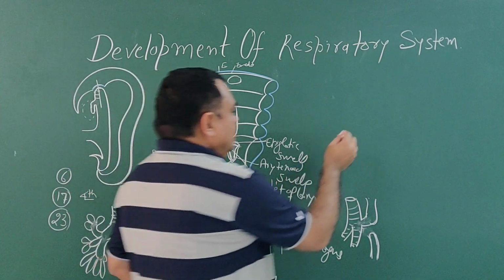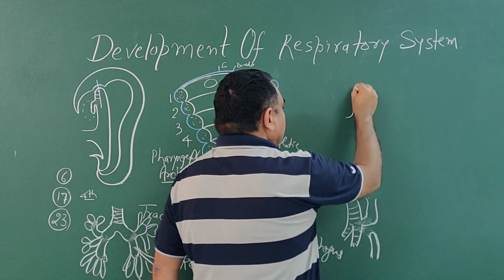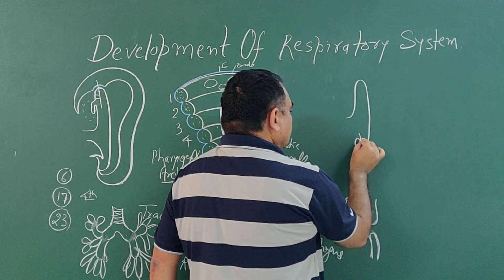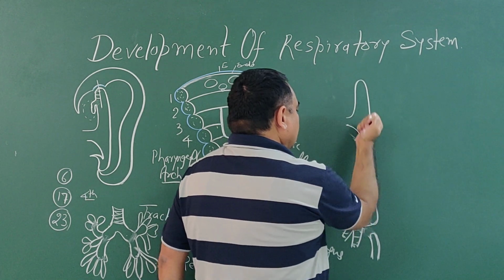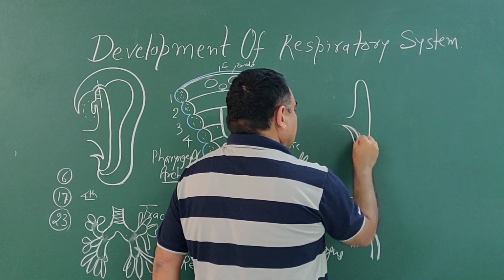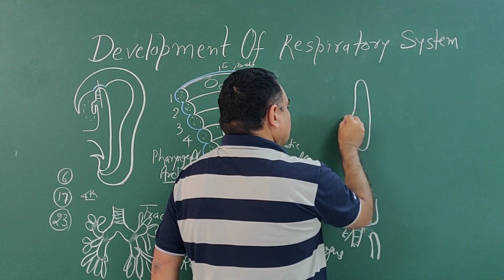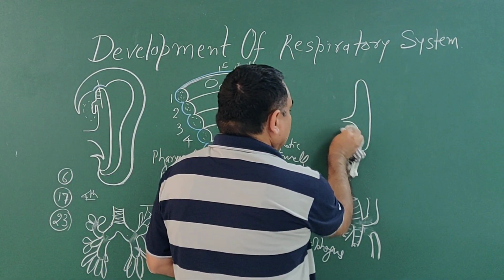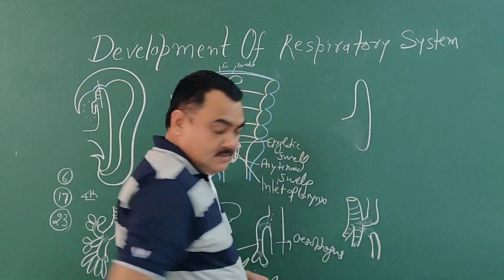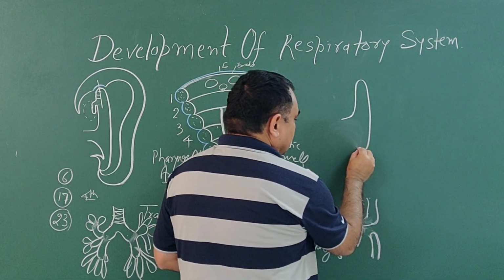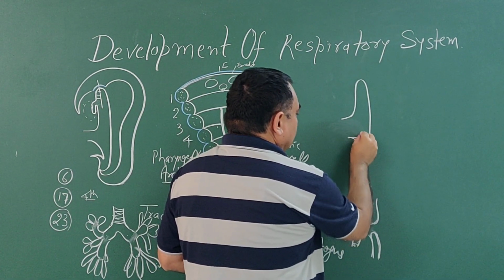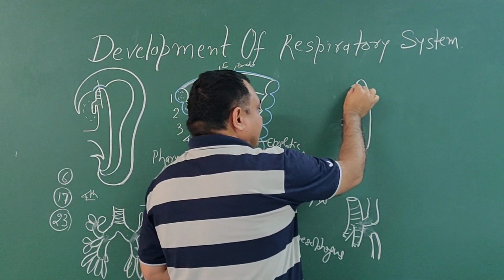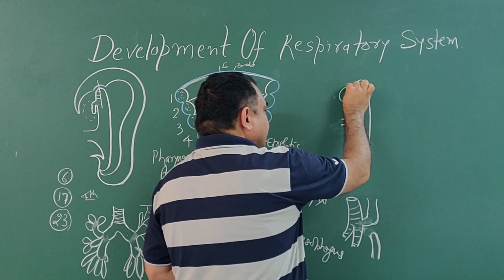Now you can see here is the position of the developing heart. Here the pericardium is formed.